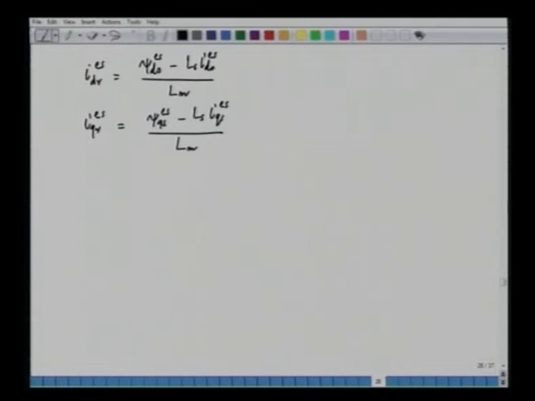And we know that this flux does not exist, it is equal to 0. So, we can further simplify the equation for IQR, that is equal to minus of LS IQS ES by LM. So, we have an expression for the rotor fluxes, we have an expression for the rotor currents.